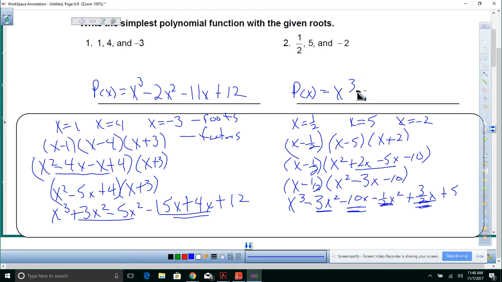That's going to be minus 7/2 x squared, and then minus 10x plus 3/2 x. So that's going to be minus 20/2 plus 3, which is minus 17/2 x, and then plus 5. Okay, good.